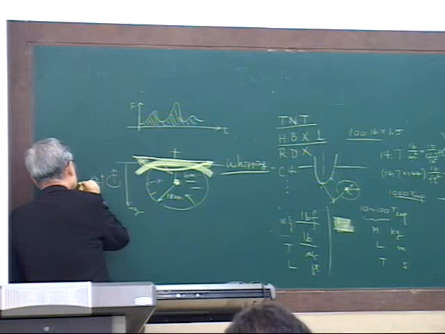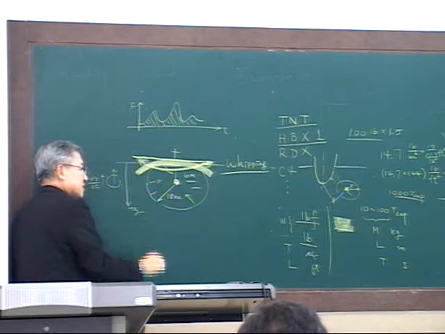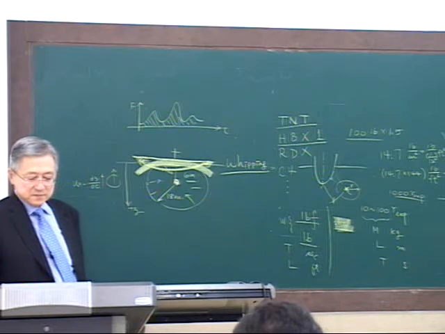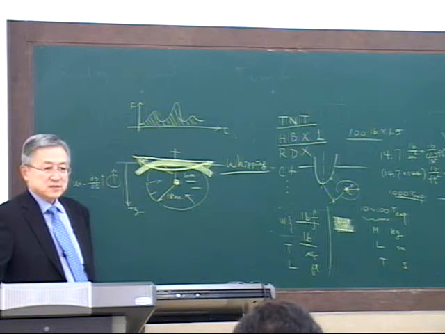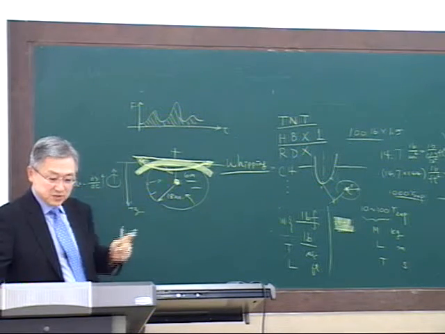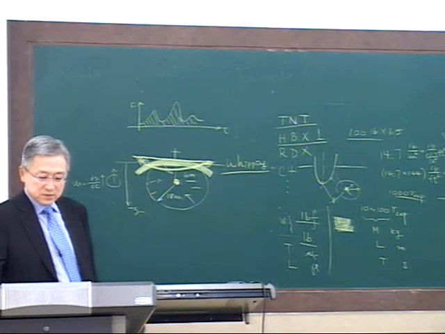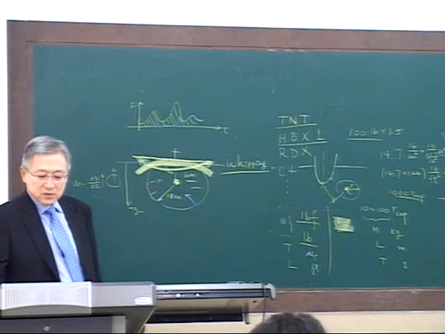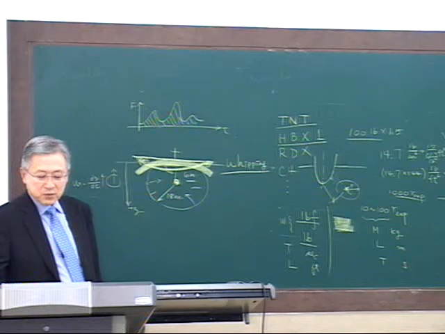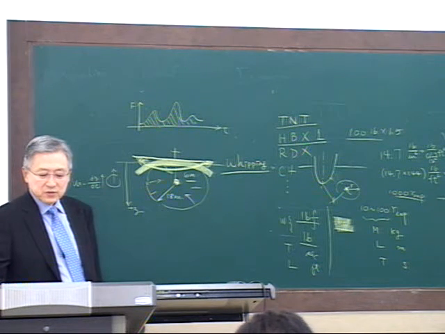So u is going to be negative if we set vertical downward as positive. You can set this as positive, but then you have to set the positive z direction as upward. So if you put it together, u is inversely proportional to a cubed.